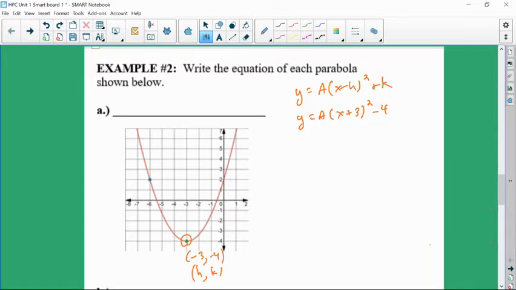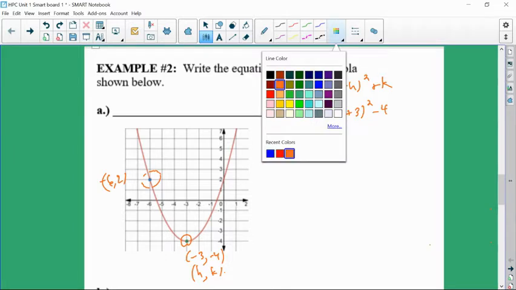I am given this extra point here, which is what, -6, 2. So I also know that -6, 2 is on my parabola. That means I can substitute that into my equation and solve for that coefficient a.